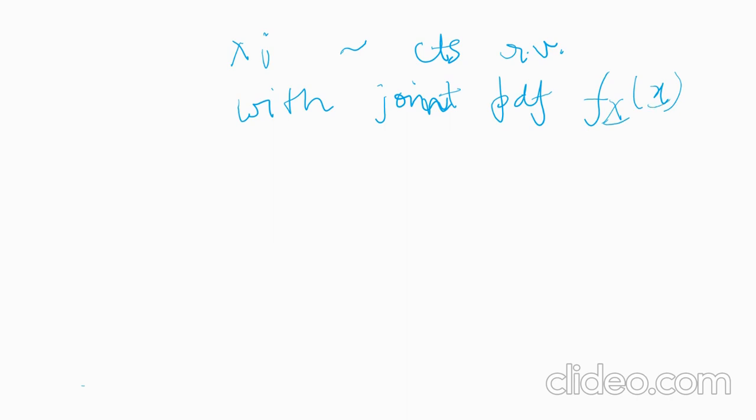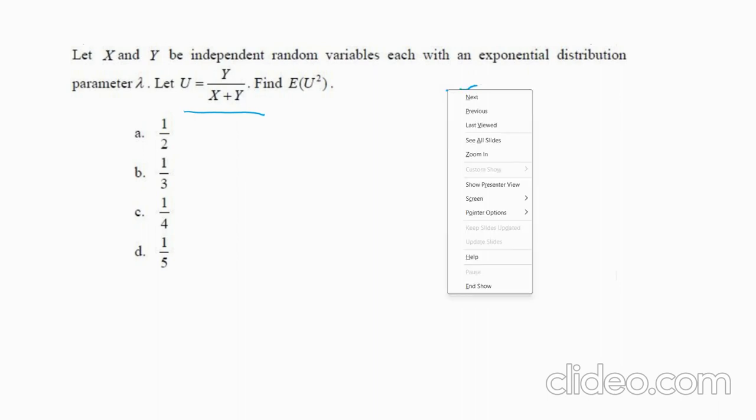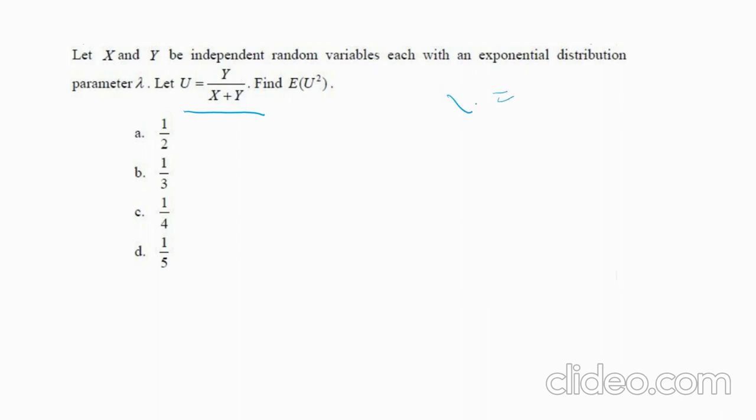So what we do is, let's say here it is given u is equal to y divided by x plus y. What we will do here is take v, sorry, v is equal to x plus y, and then y is equal to uv.